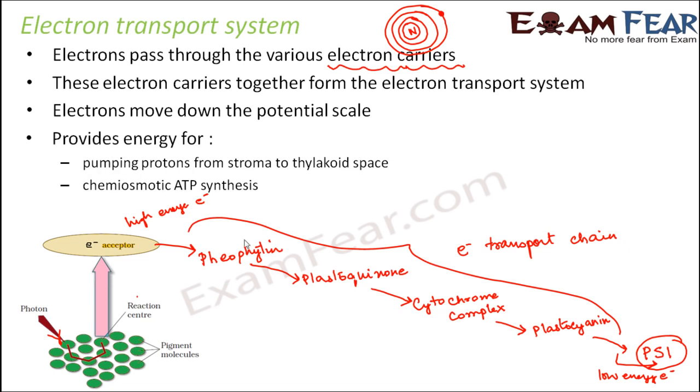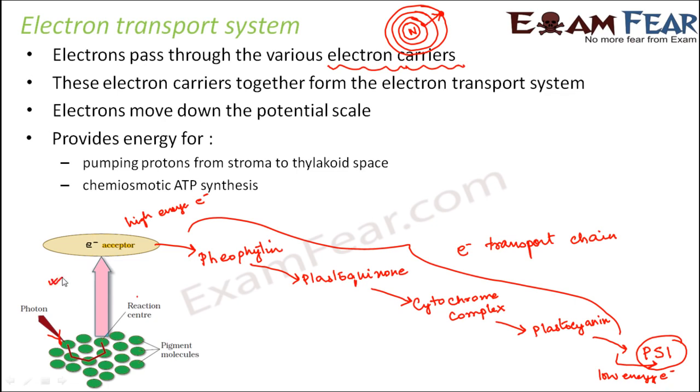Now, during this process, when the electron moves from higher energy levels to lower energy levels, a lot of energy is released. Again, you remember your basic concepts. When you want an electron to move from a lower energy level to a higher energy level, what do you have to do? You have to supply some energy.